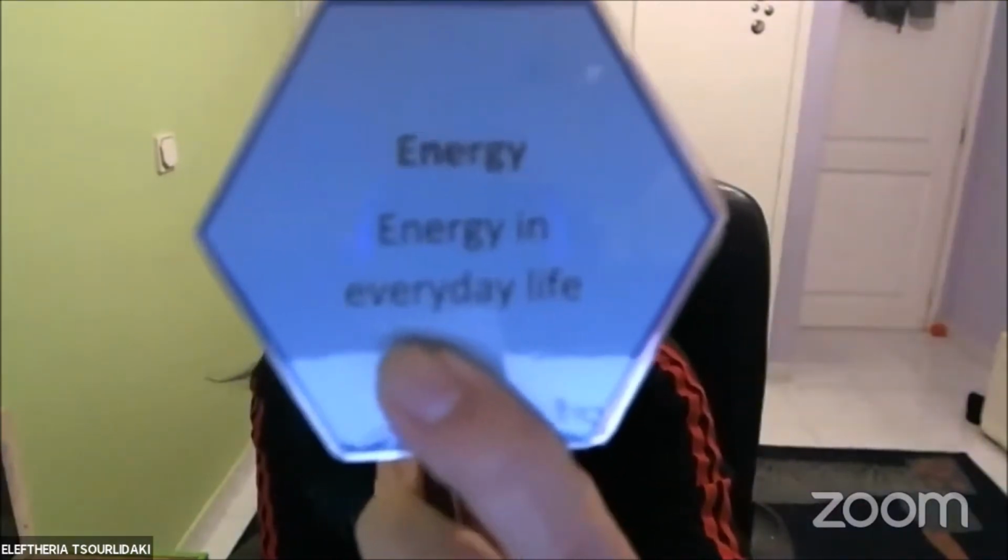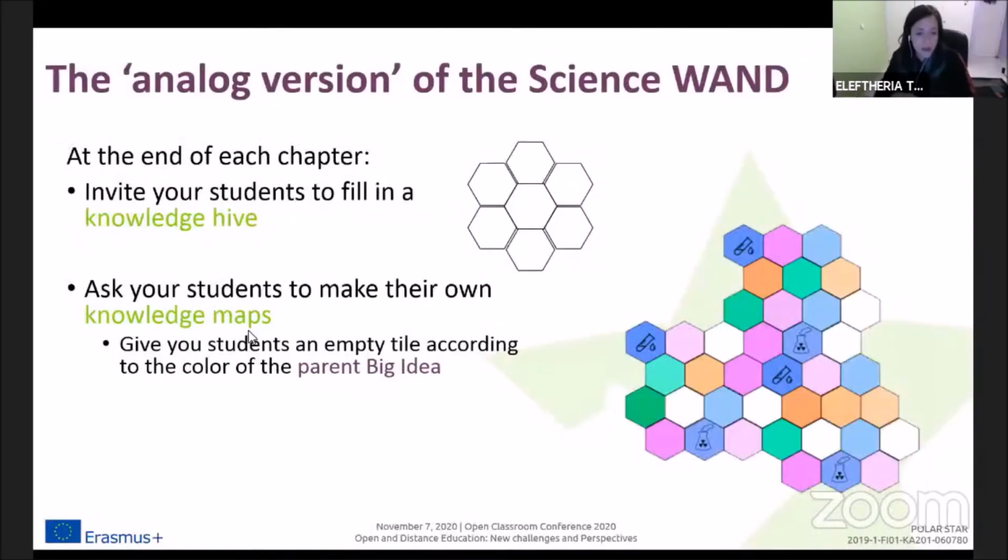So for example, here I have a deck of the 86 basic ideas that we have according to their colors. I don't know if you can see it very well. So every time they learn something new, you give them one of these little tiles, and you ask them to place them on a board or on a wall or on a foam board, wherever you want.